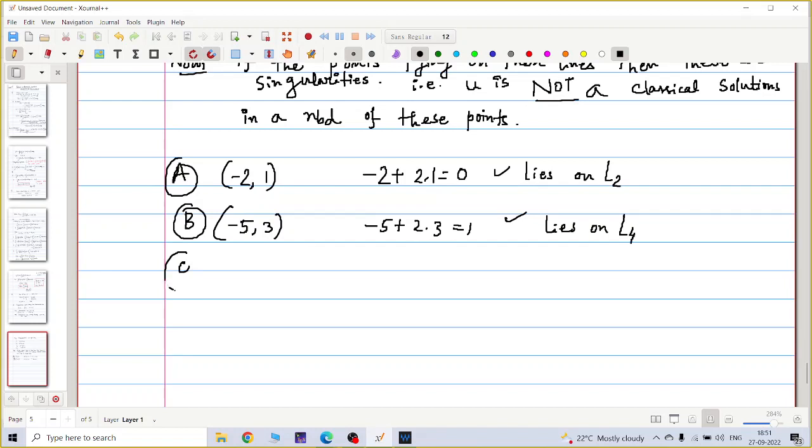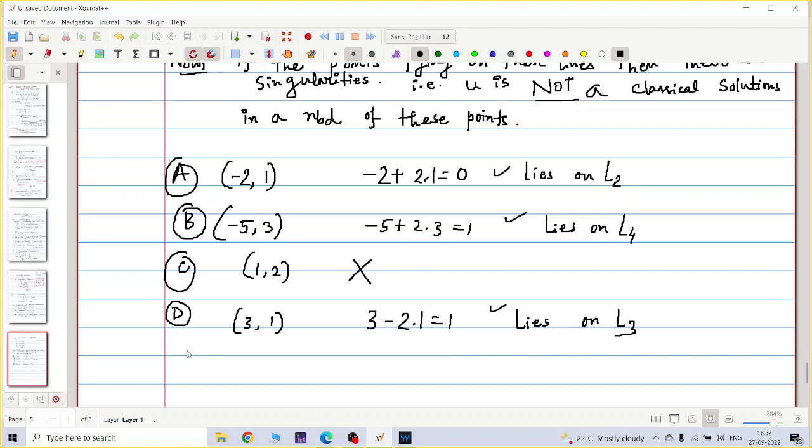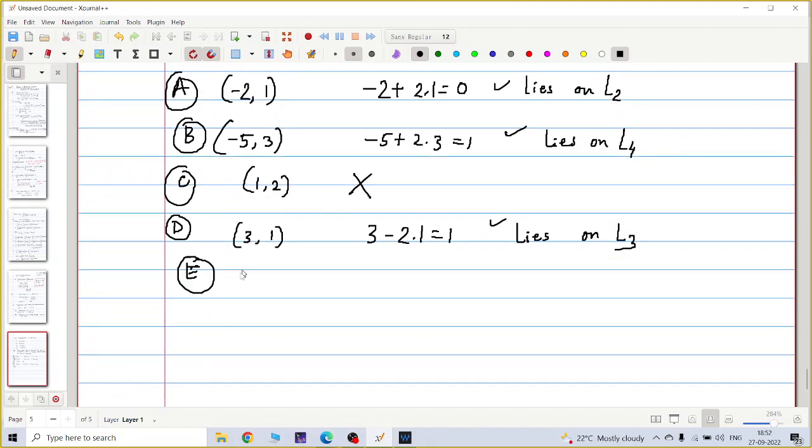Now option C is 1 comma 2, but it does not lie on any of L1, L2, L3, L4. Next, option D is 3 comma 1. It lies on L3 because 3 minus 2 into 1 is 1. Option E is 3 comma 2. It does not lie anywhere because 3 minus 2 into 2 is not equal to 1 or 0.